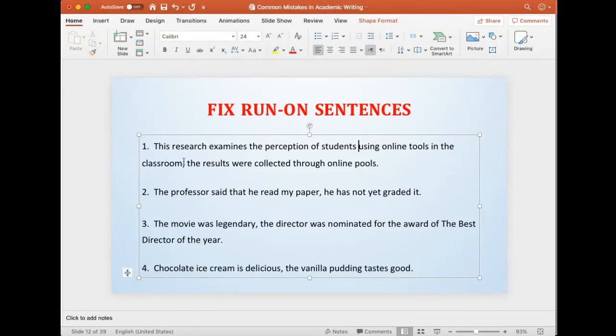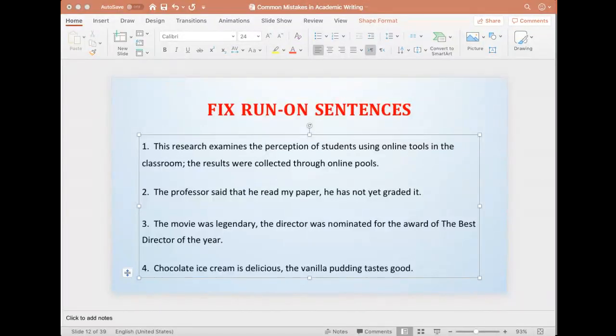Yes, either by putting a semicolon, okay, so this looks better than the previous one. Or also we can put a full stop here and start a new sentence.